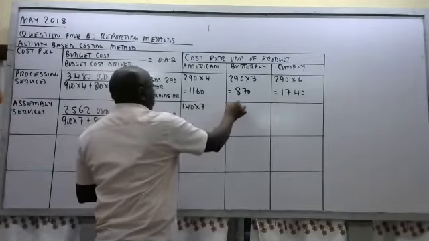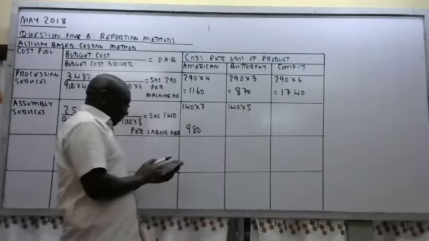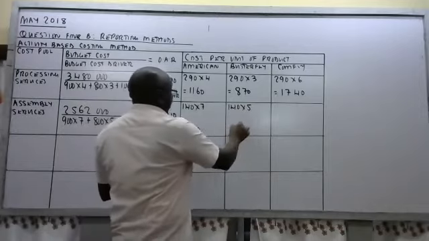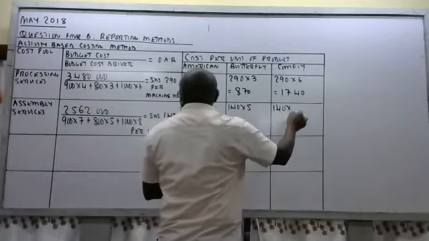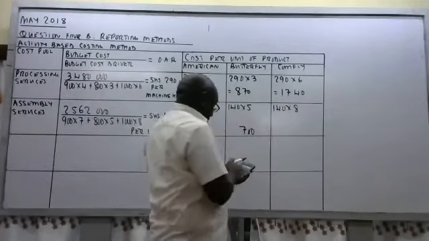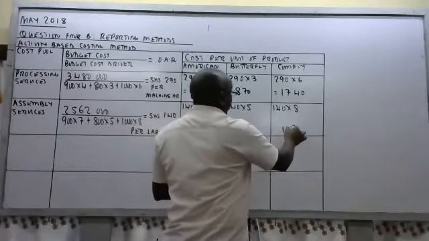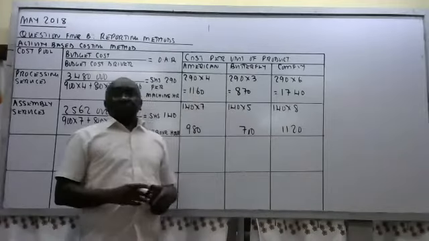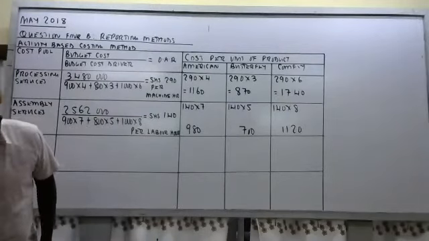Then 140 times 5 is 700. And then 140 times 8 you get 1120.